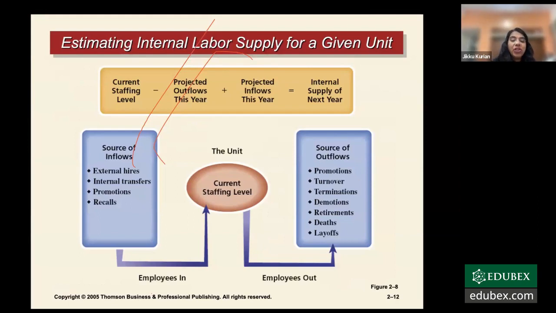Another important thing which we should understand is succession planning, how the organization is planning the succession. Succession planning is a conscious effort undertaken by the organization. For example, a particular person is now working as the CEO of our organization.